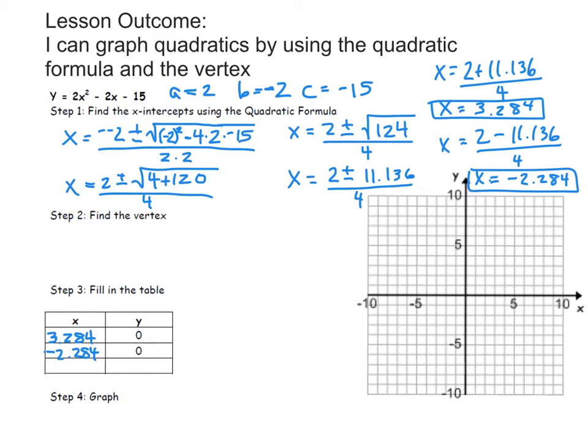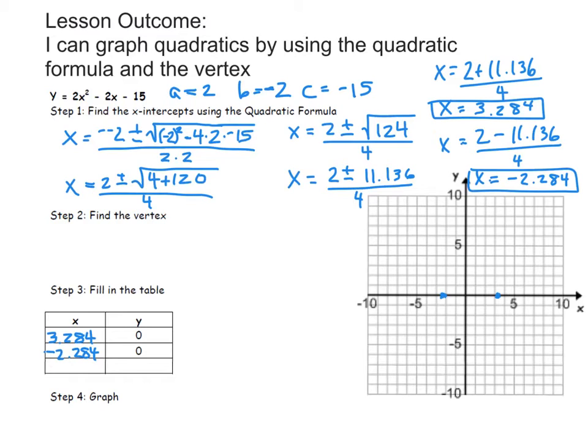Not 3 1/2, not 3, but 3 1/4 right here. So I'm going to put a point there. And then our other x-intercept is at negative 2.284. Again, negative 2 and a little bit more, so negative 2 and almost 1/4, which will be right around in here. And there's our two x-intercepts.